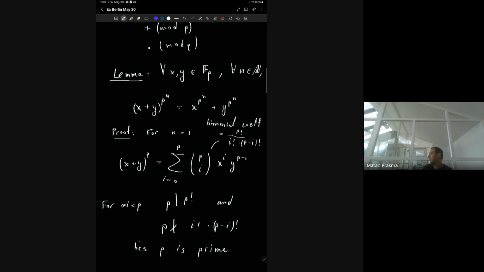Each of these numbers is smaller than p, so p does not divide any of the factors of the product, so it does not divide the product.